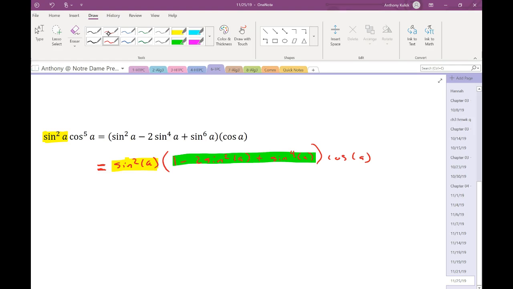Because we already have the other cosine sitting there, and that's how we're going to get the cosine to the fifth. So all we're going to worry about is that part in green, trying to get that to turn into a cosine to the fourth. 1 minus sine squared is equal to cosine squared. That's true, but we don't have either.